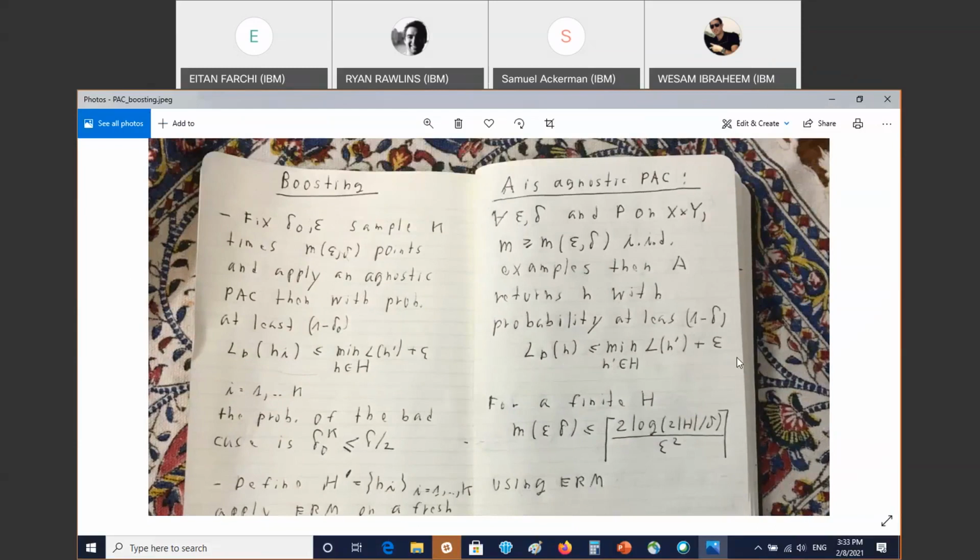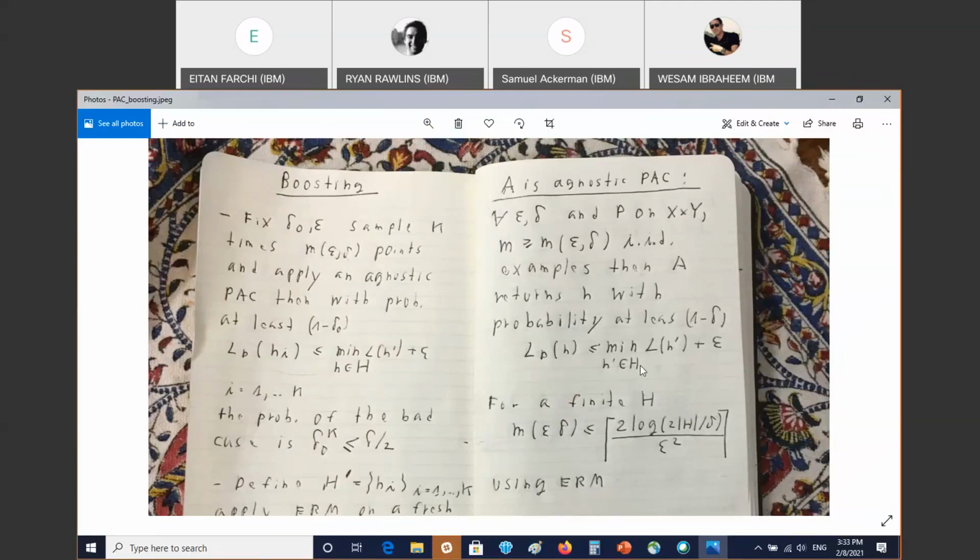Look at this formula. This is how much we're going to make a mistake on average, once the model is trained, and it needs to be less than epsilon plus this correcting factor.